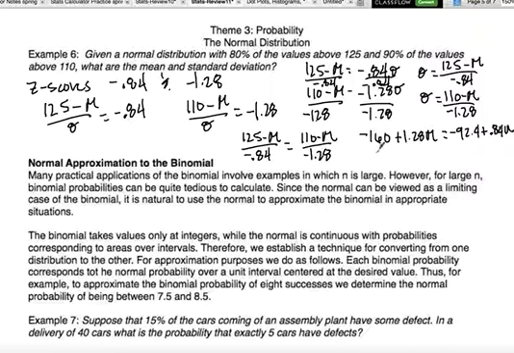So then let's combine our like terms. So we would have 1.28 times the mu minus 0.84 mu equals negative 92.4 plus 160.